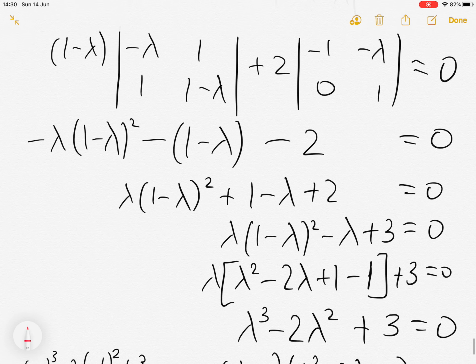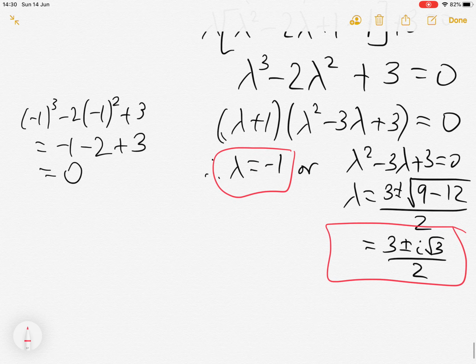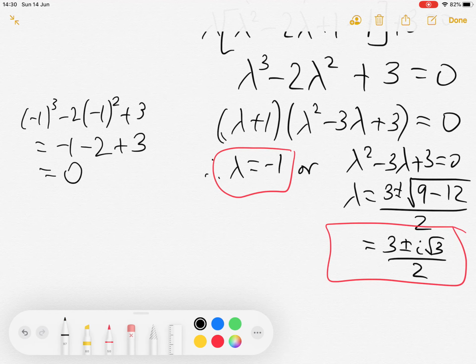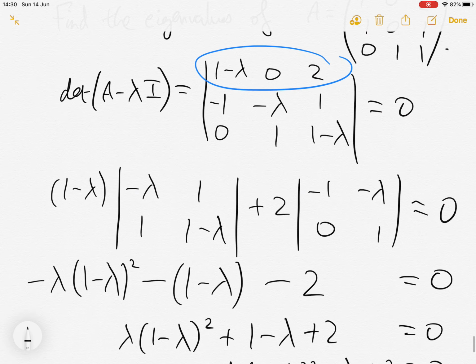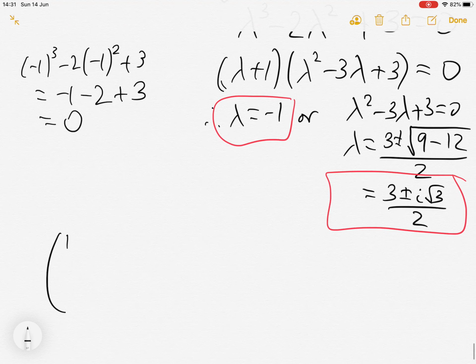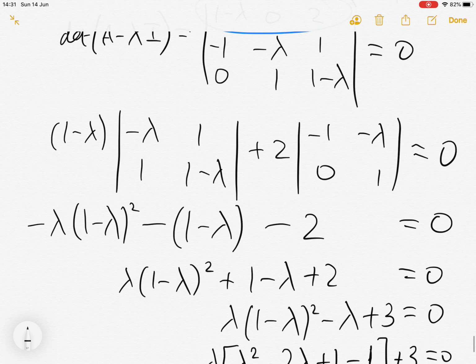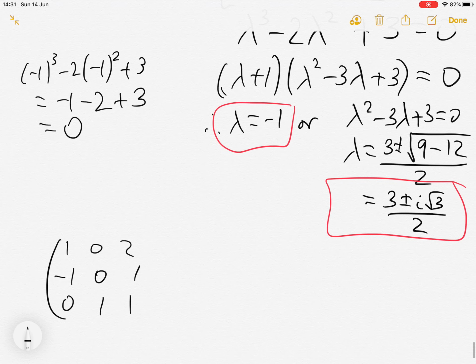And then, again, we can play the same game as before to find the corresponding eigenvectors. If we take a specific eigenvalue, like lambda equals minus 1, and consider, so A was the matrix 1, 0, 2, minus 1, 0, 1, 0, 1, 1.